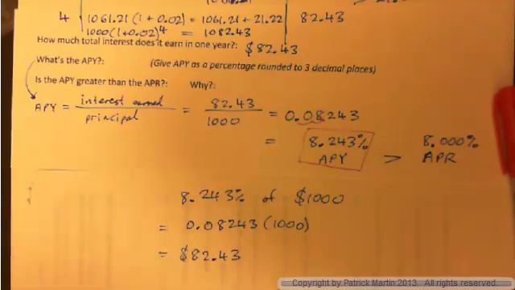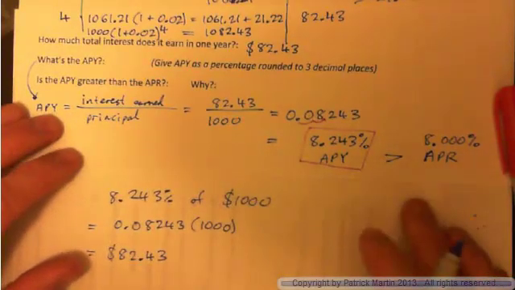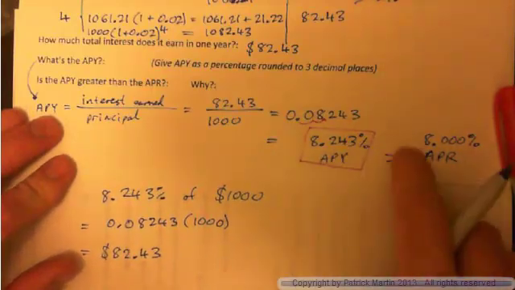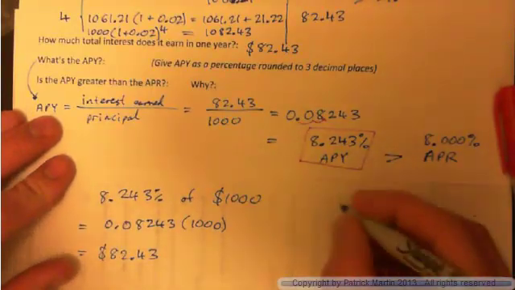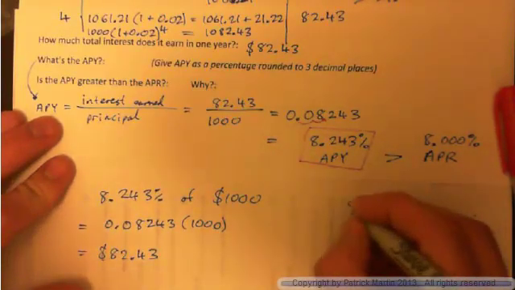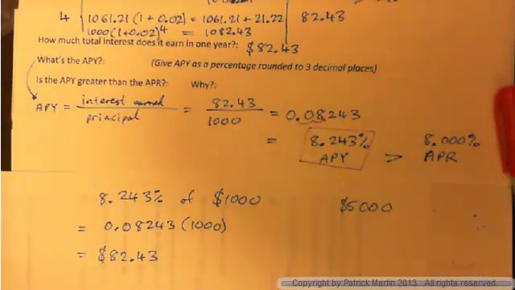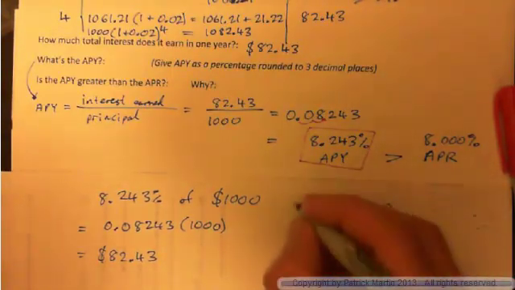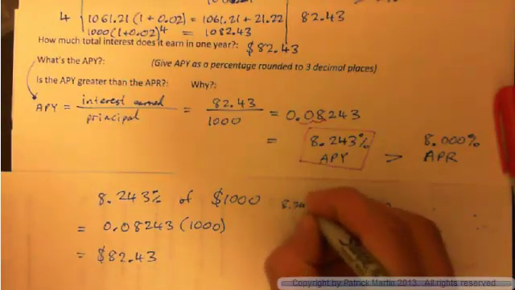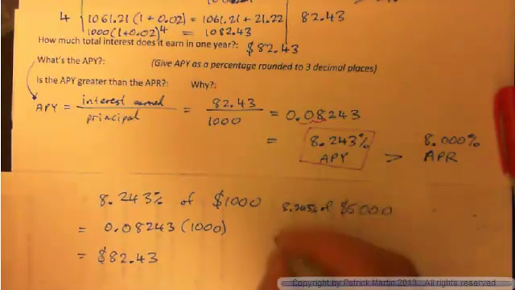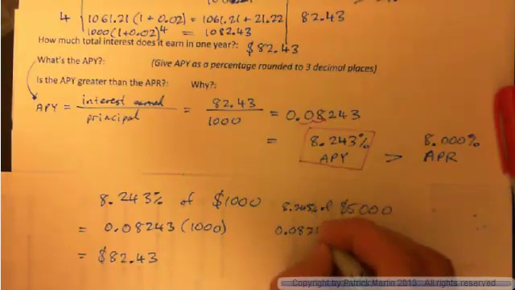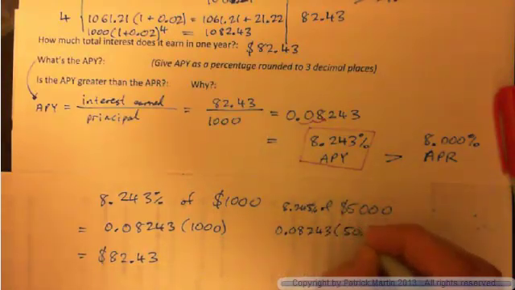Okay? Or if they told you the annual percentage yield is 8.243%, and you invest $5,000, how much interest would they give you at the end of the year? Again, they would give you 8.243% of the $5,000, which is 0.08243 times 5,000, right?